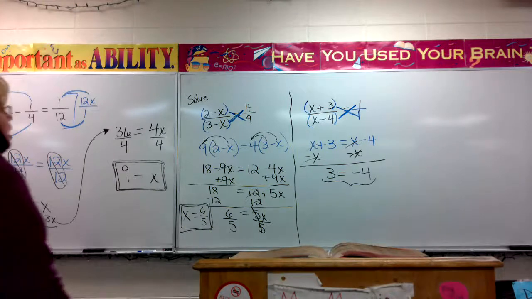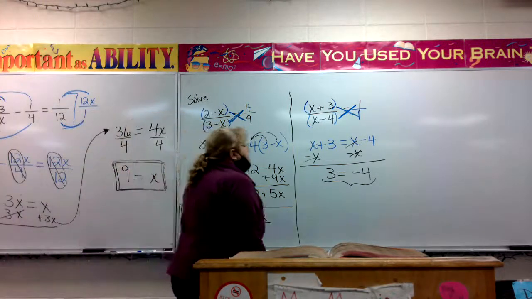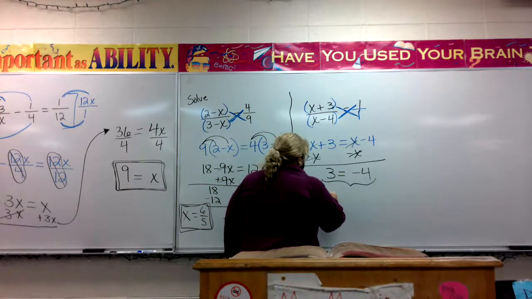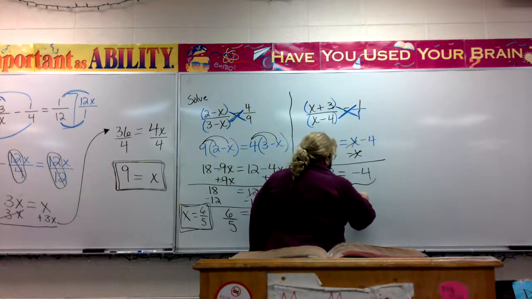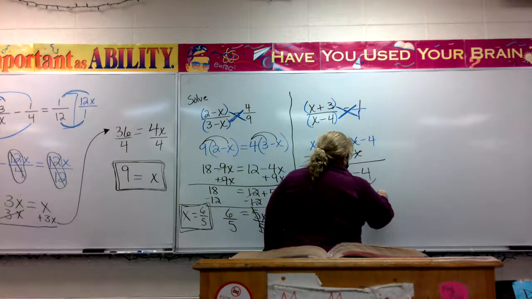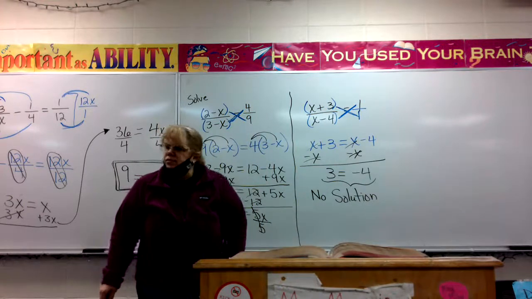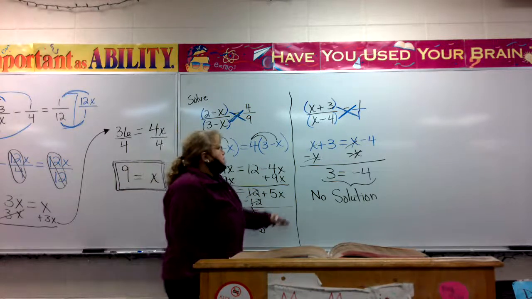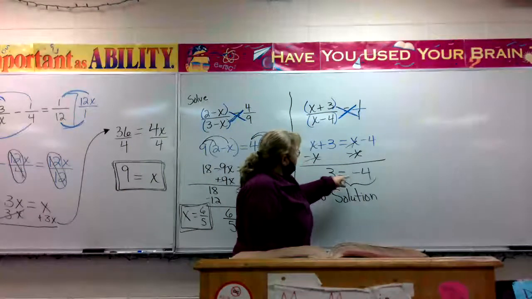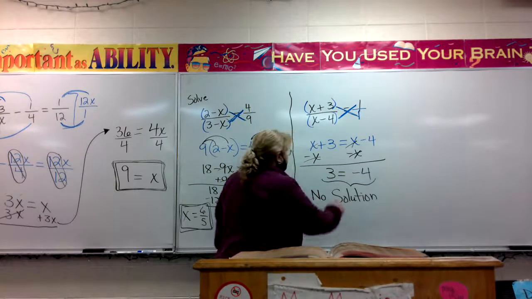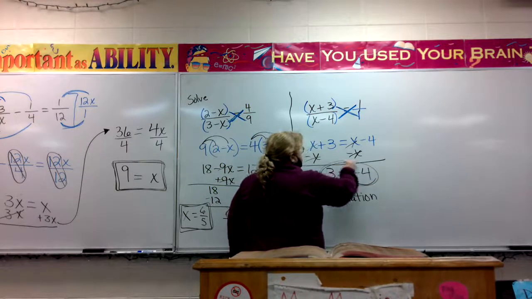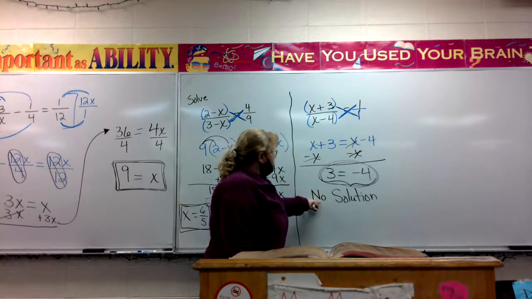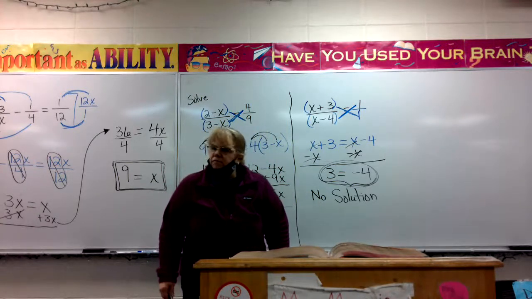So now what? I want to know what value of x makes 3 equal negative 4. There is none. So what's my answer then? No solution. Have we had that before where we had no solution? When the x drops out, if you get something that's not true, and there's no way this is ever going to be true, when the x drops out and you get something that's false, your answer is going to be no solution.